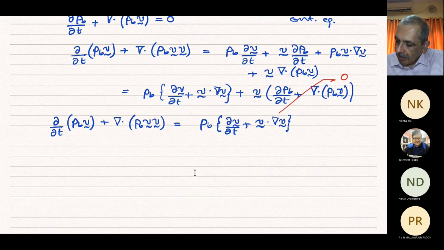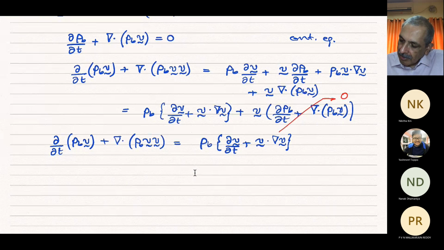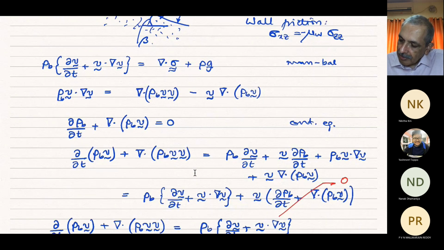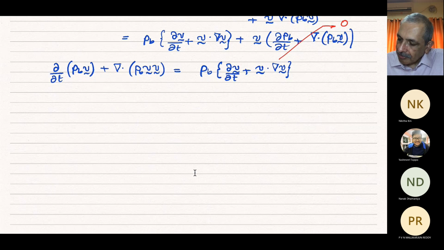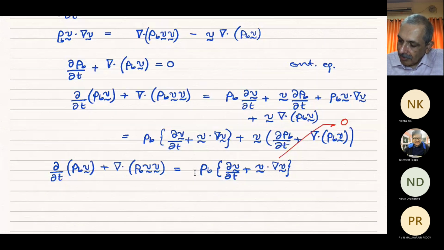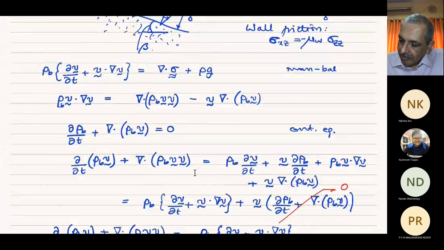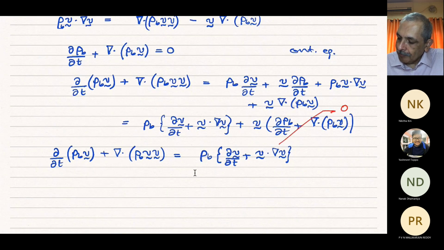So this allows us to put this momentum balance equation in this form. And so now if we substitute for the right hand side, we have already seen that rho b del V by del t plus V dot gradient of V is just equal to this.